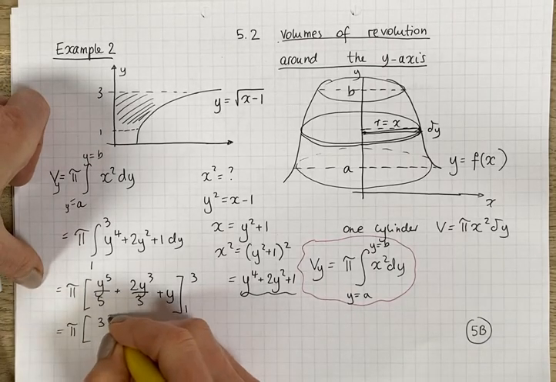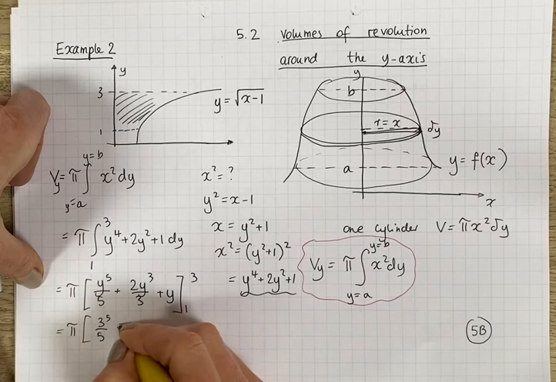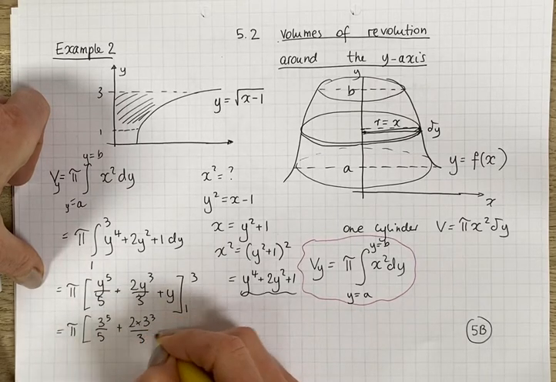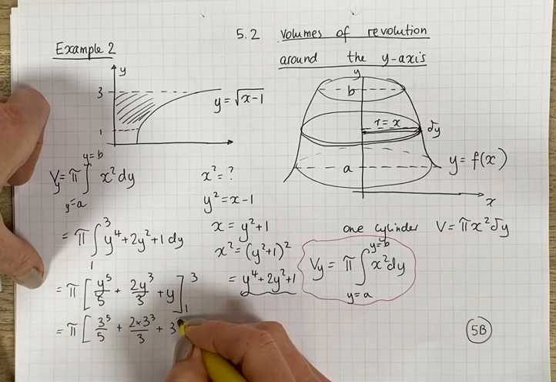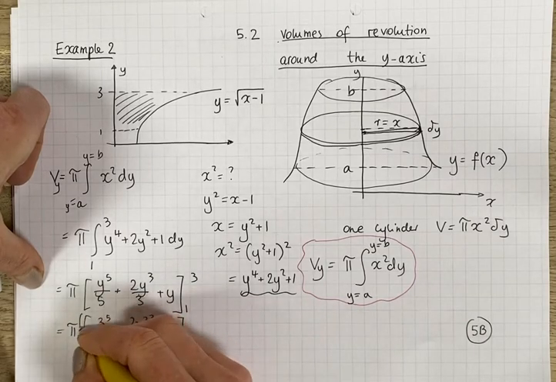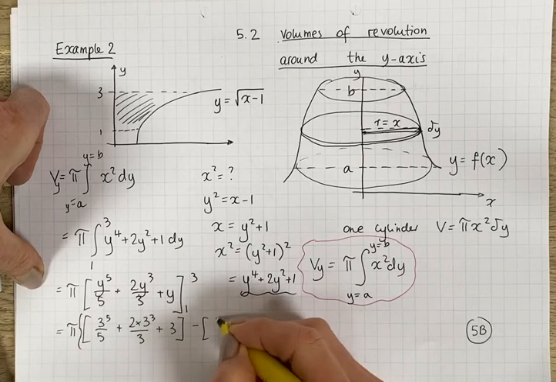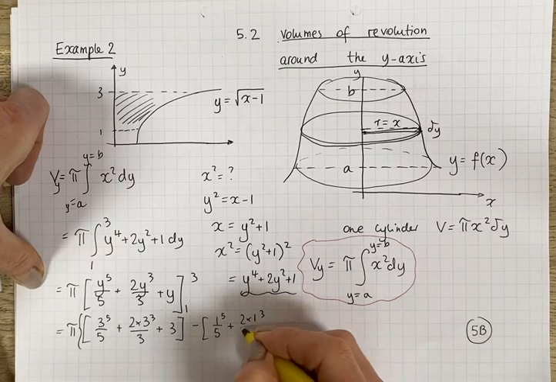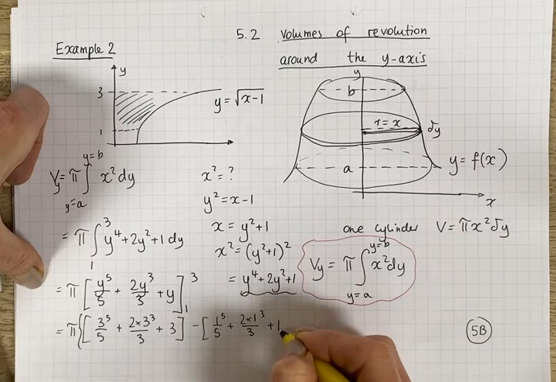So it's going to be 3 to the power 5 over 5 plus 2 times 3 cubed over 3 plus 3, minus, let's pop 1 in, so it's 1 to the power 5 over 5 plus 2 times 1 to the power 3 over 3 plus 1.